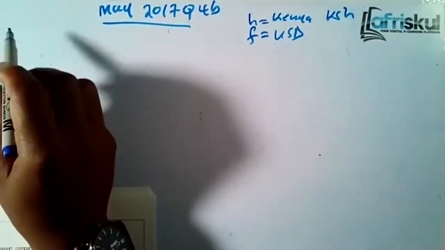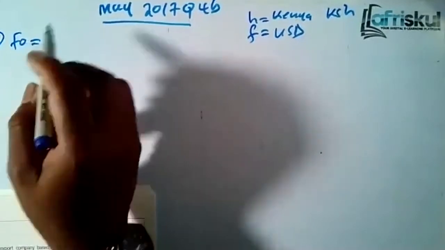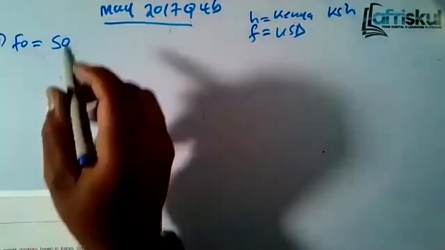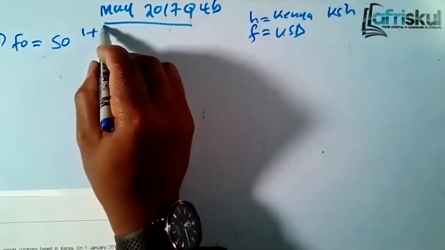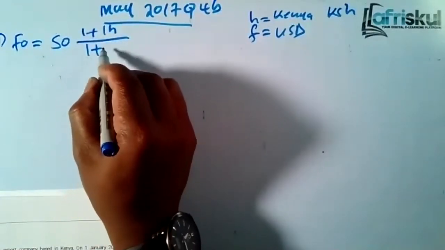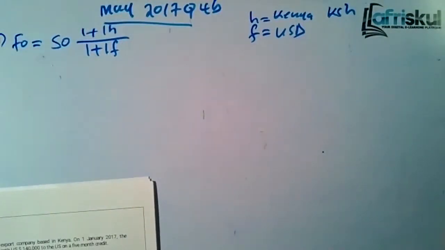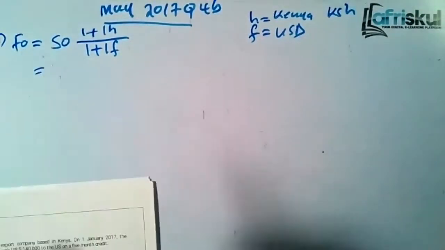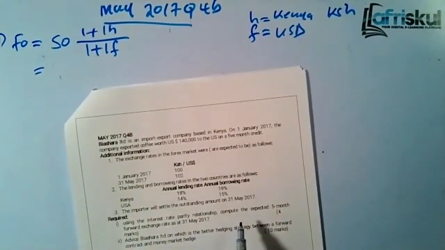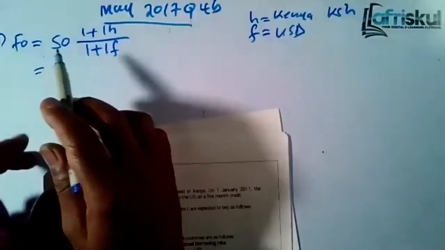We have said that this is the formula: F0 equals S0 times 1 plus the interest rate in the home currency, divided by 1 plus the interest rate in the foreign currency. So we are looking at the forward rate because of interest rate parity. That's what we want.